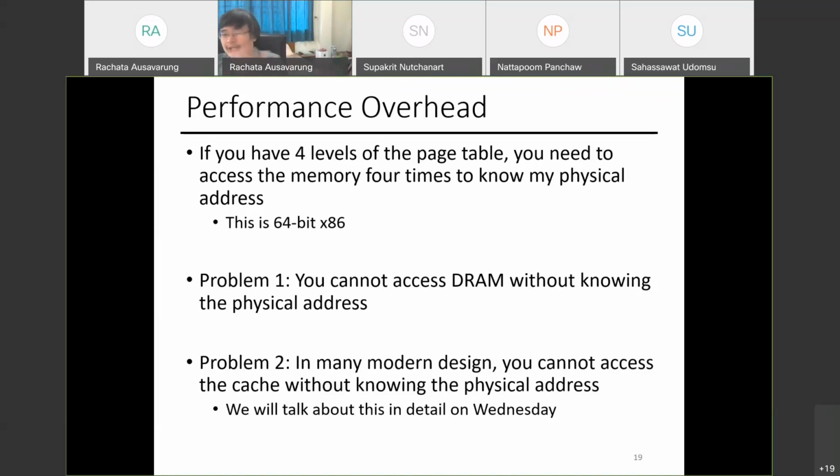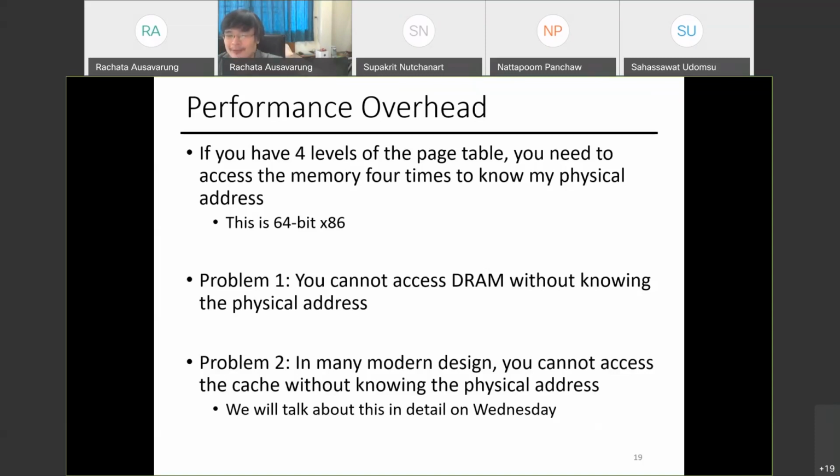So that's why you can't use a 32-bit machine anymore. Your program will be so slow because everything will go to the hard drive, right? So at the end of the day, you need a 64-bit machine to make sure you can still run them fast enough, and then you need to manage the virtual memory well.